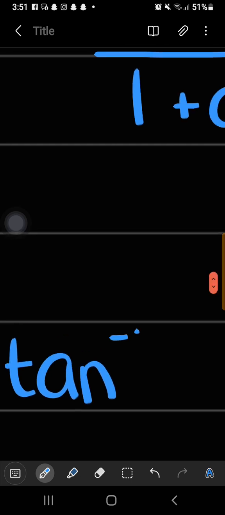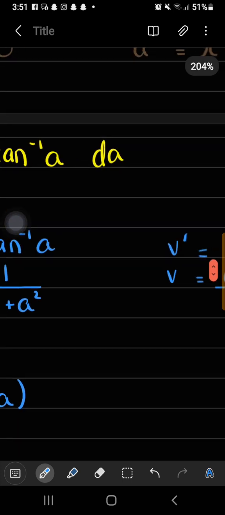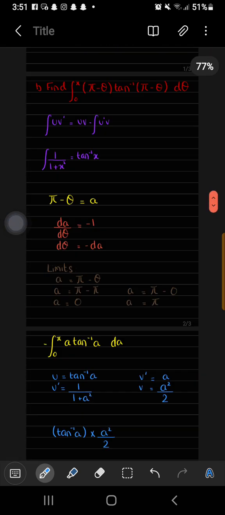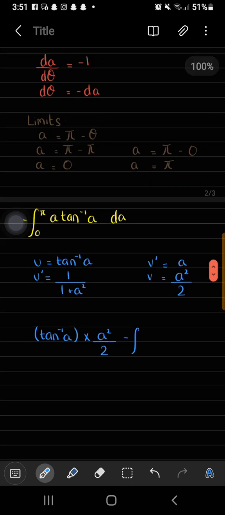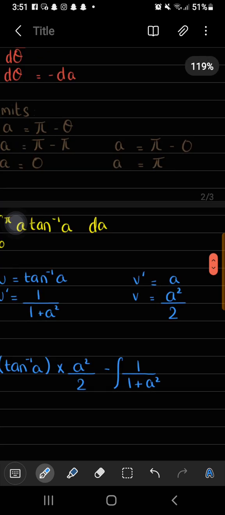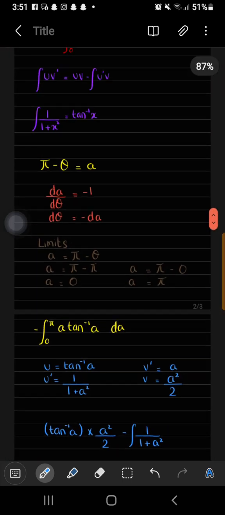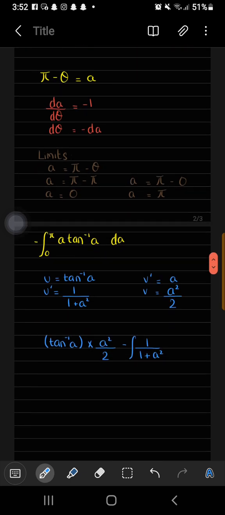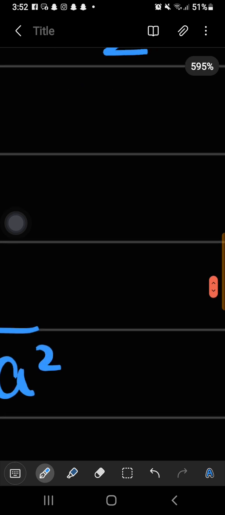We will write tan inverse a multiplied by v, a square upon 2, multiplying with a square upon 2, minus integral of u prime, which is 1 upon 1 plus a square, multiplying with v, which is a.